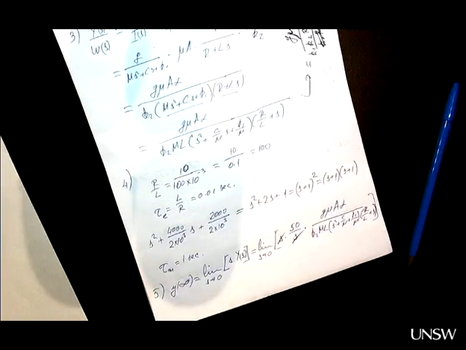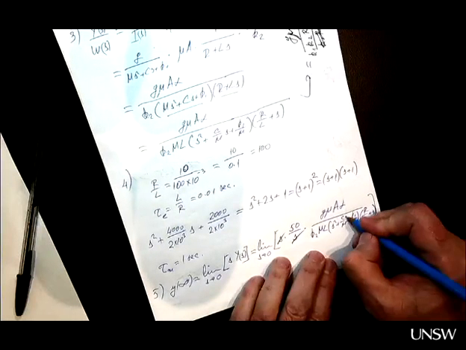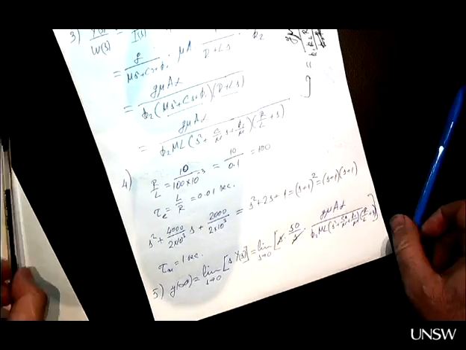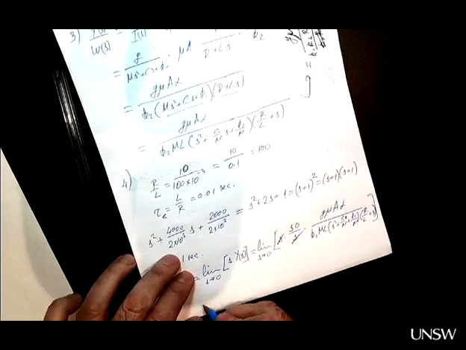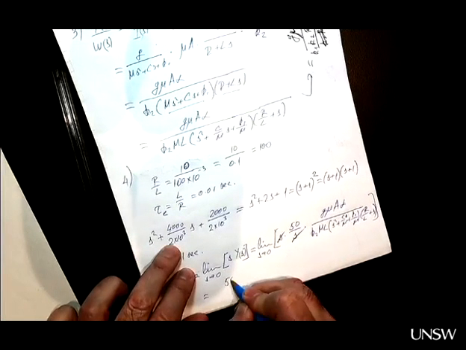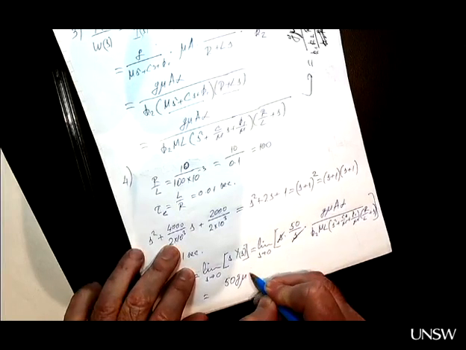So this becomes equal to 50 G mu A alpha over K2.